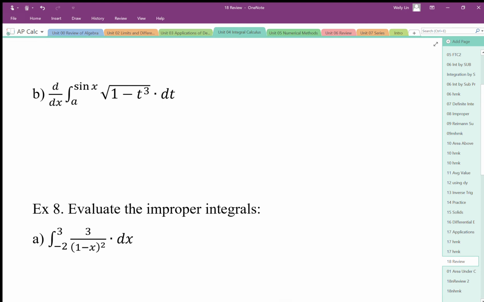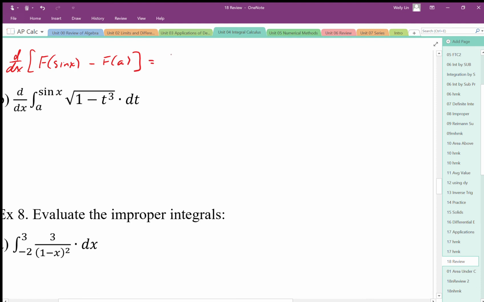So we know that, again, we can't anti-differentiate this, but we do know that if I can get the antiderivative, it's going to look like this, d by dx of big F of sine x minus F of a. Well, if that's the case, that's going to differentiate to 0. This is going to differentiate to f of x, but I need to apply the chain rule, which is the derivative of sine, which is cos x.